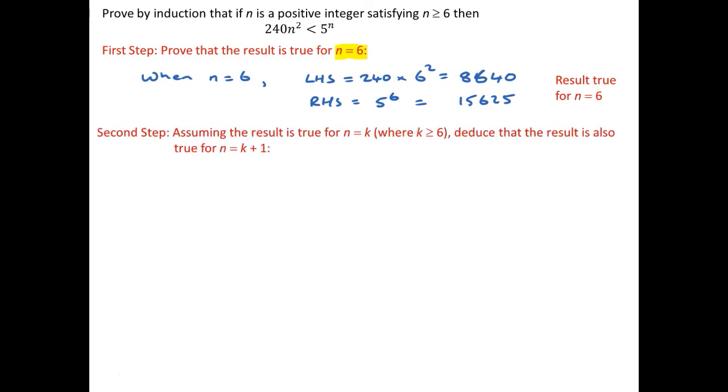And then our second step: assuming the result is true for n equals k, where k is a number which is at least 6, deduce the result is also true for n equals k plus 1.